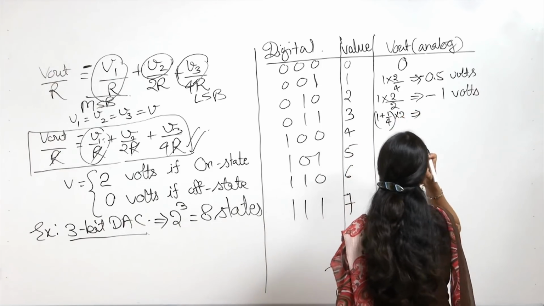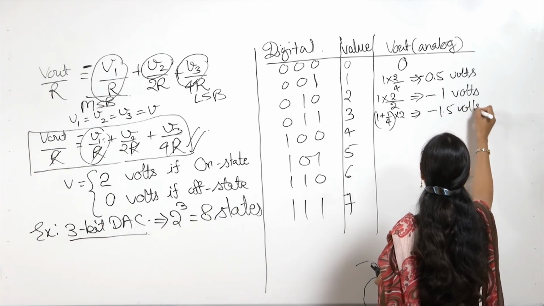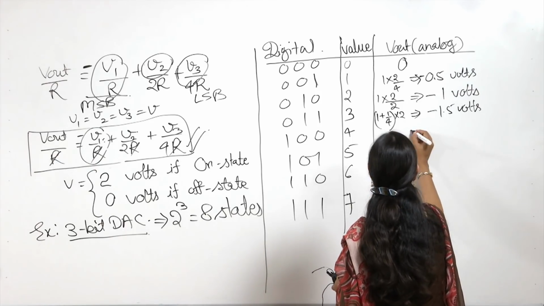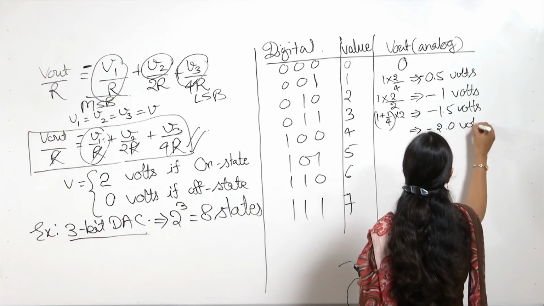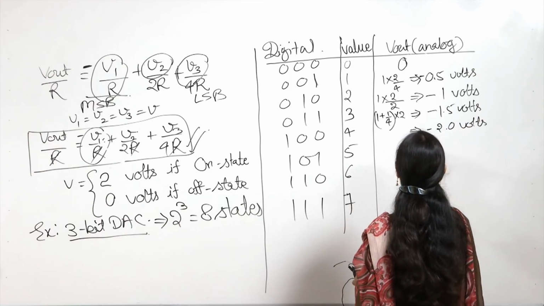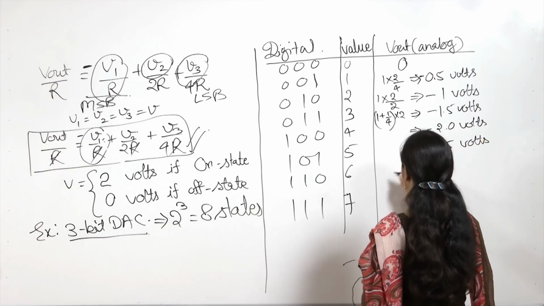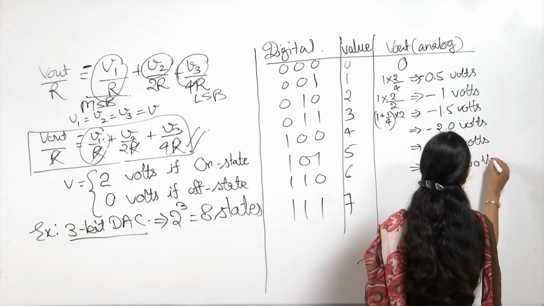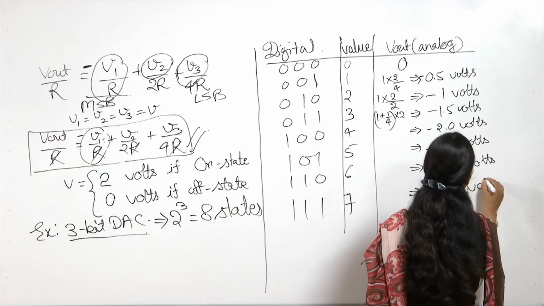So, minus 1.5 volts, right. So, if you keep calculating like this, the next one will be minus 2 volts. For this one it will be minus 2.5 volts. For this one it will be minus 3 volts, and for the last one it will be minus 3.5 volts.